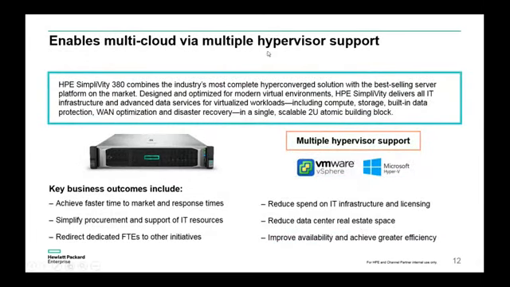Okay, enable multi-cloud via multiple hypervisor support. Key business outcomes include achieving faster time to market and response times, simplifying procurement and support of IT resources, redirecting dedicated FTE to other initiatives, and the hypervisor is VMware as well as Microsoft Hyper-V. Both hypervisors are supported.